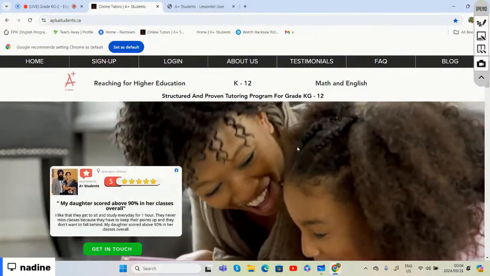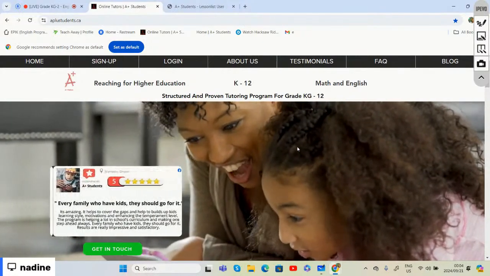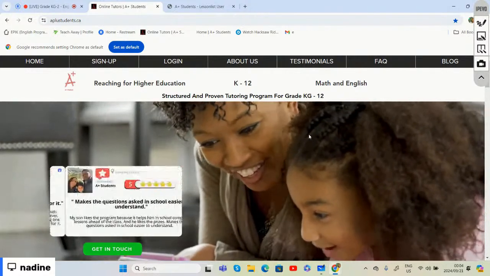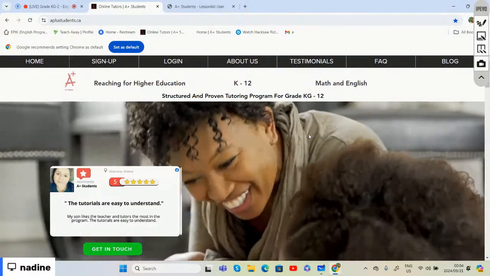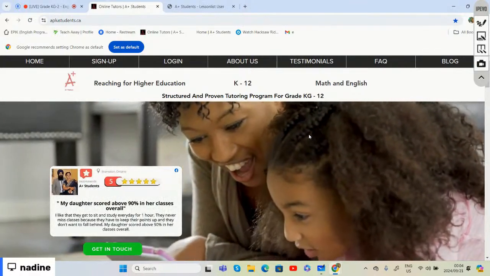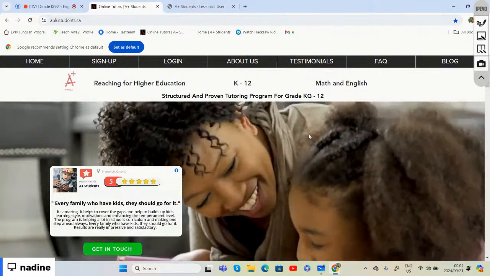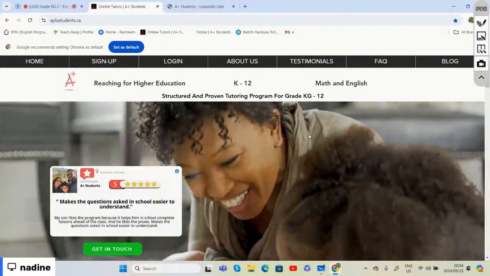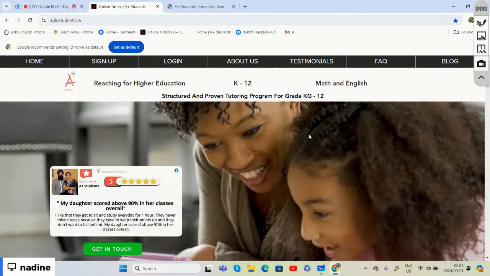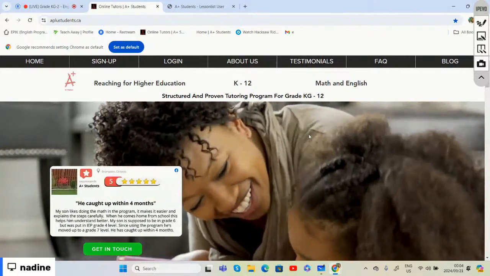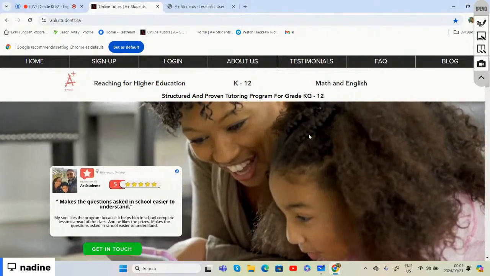Once we've logged on with our username as well as our password, we're going to do grade kindergarten to 2, specifically grade 2. And then we're going to scroll down until we get to the chapter of personal pronouns.